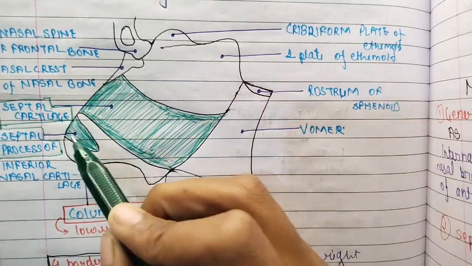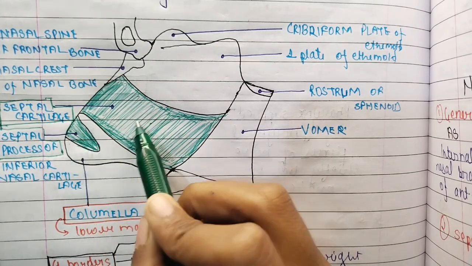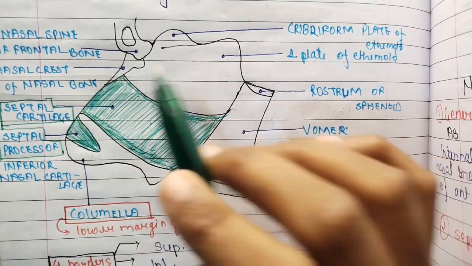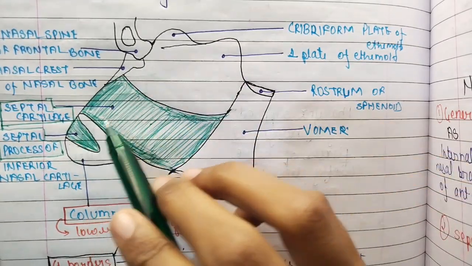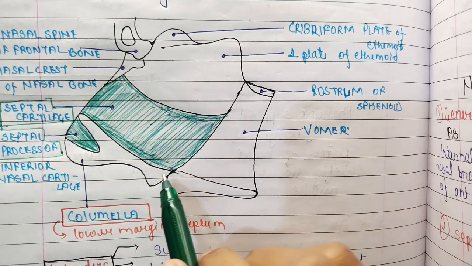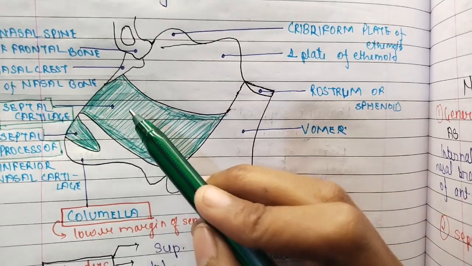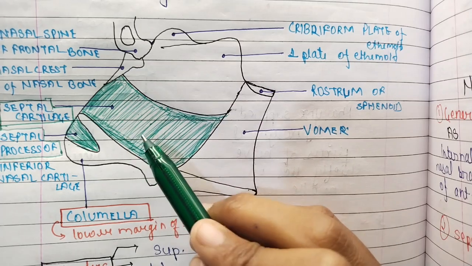Okay, so this part and this part is your cartilaginous part. Apart from this green area, what is everything else? It is your bony part. This green colored part is your cartilaginous part.